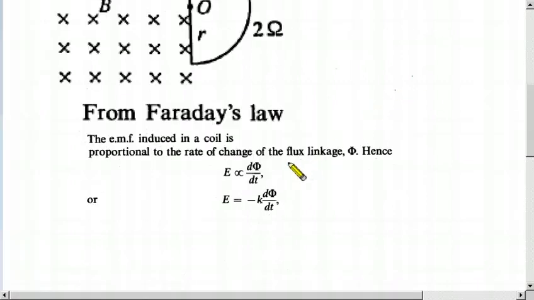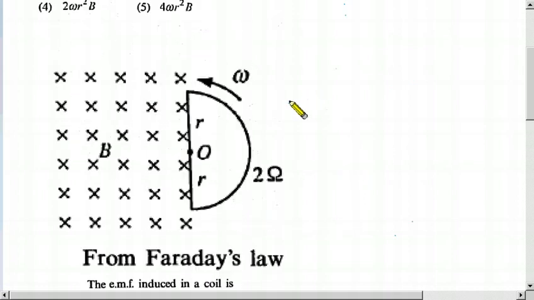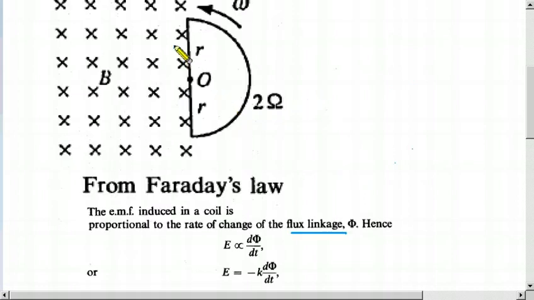So here especially Faraday says in this law, flux linkage means the flux that is being cut by this conductor, as I explained. So when this conductor rotates like this, what happens? The flux lines are cut by this conductor. Therefore that is what we have to take into account.